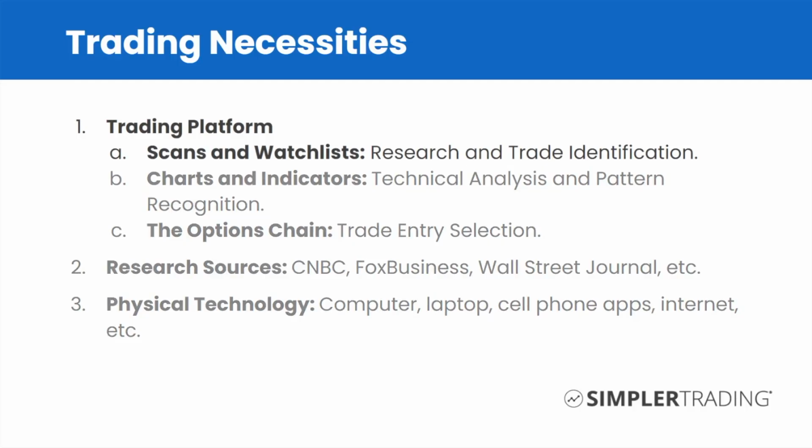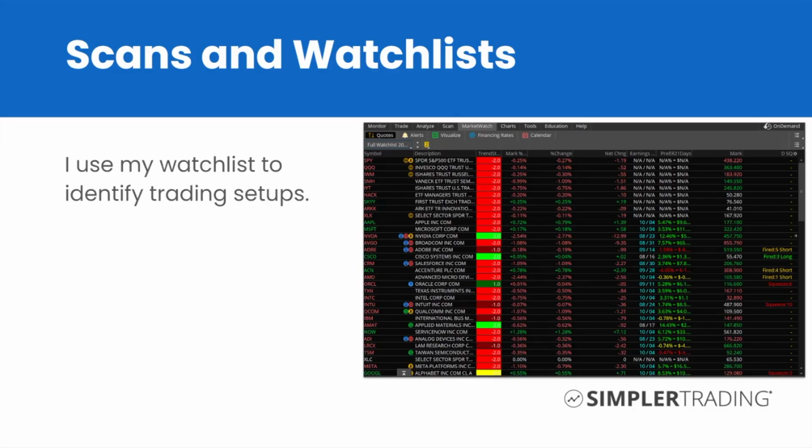Let's just talk about the scans and the watch lists. This is actually my watch list, is what it looks like. Essentially, I have my top traded tickers over here. I have a little custom column that tells me which direction they're trending. I have the market percent change, which is going to be the overnight move, and then this is just the move during the cash session.